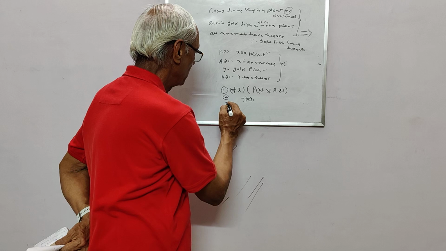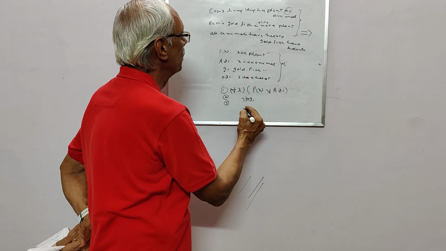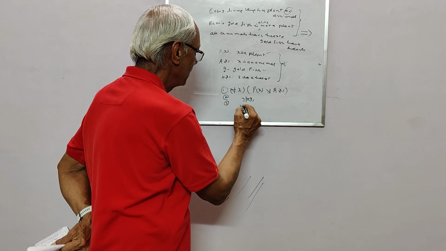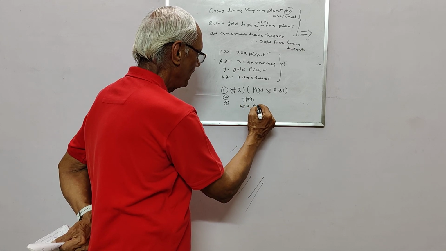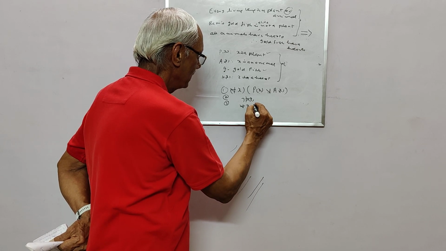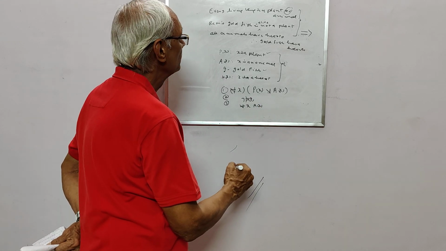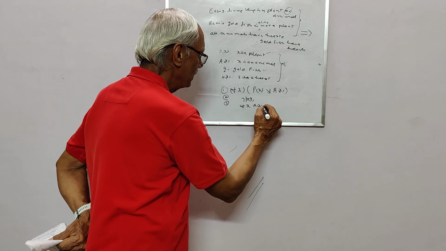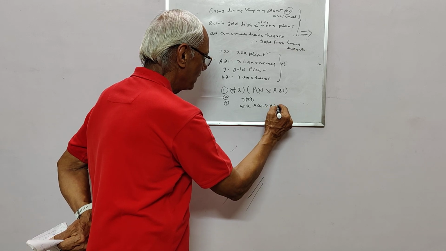Then the third one. All animals have hearts. That means what? All animals. See? For all X, A of X. It means heart of it.